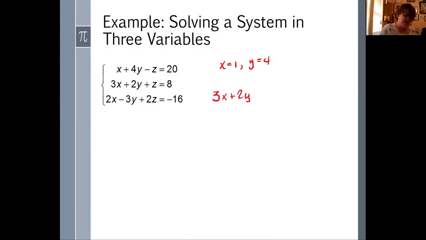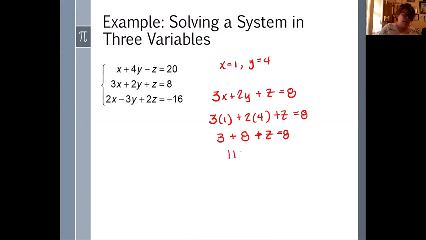I'm all about finding the easiest way to do this. I'm going to replace the x with 1 and the y with 4. I get 3 plus 2 times 4 is 8. Oh, I left off my z there. So I get 11 plus z equals 8.